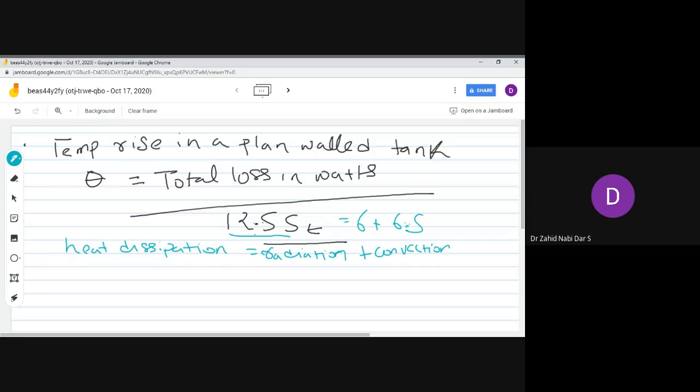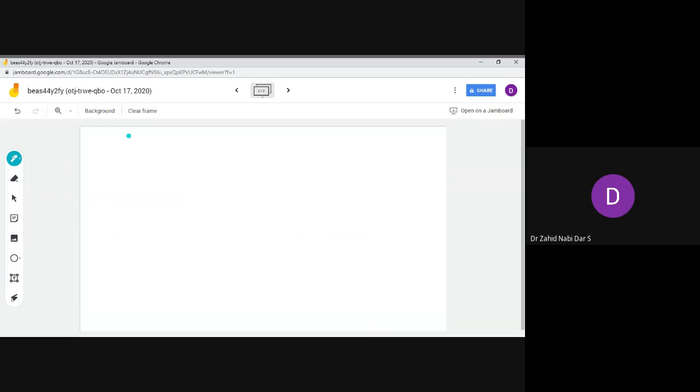Now, when we are going for the design of a tank with tubes, consider the dissipating surface area. As far as the tube is concerned, the tube is inside the tank.